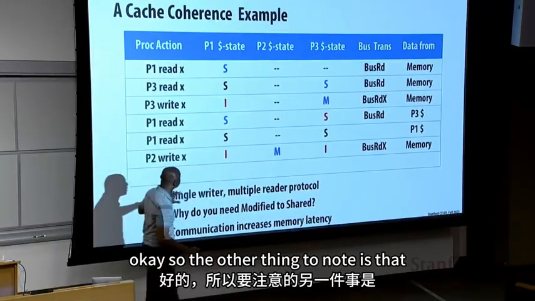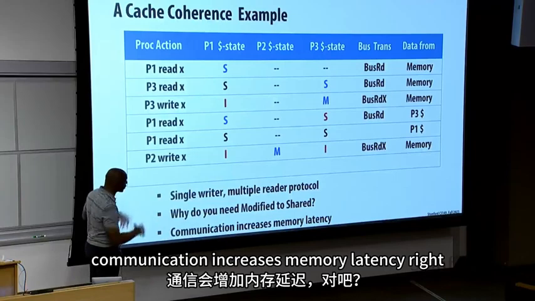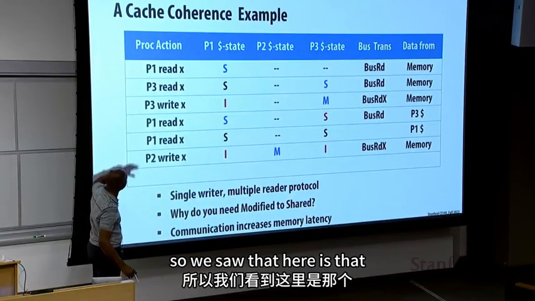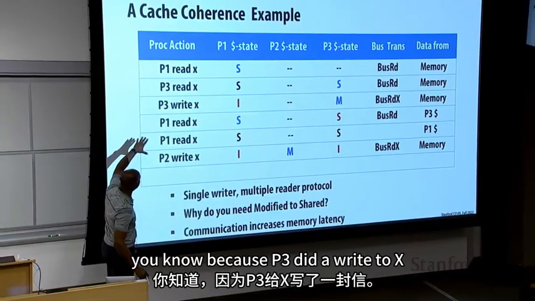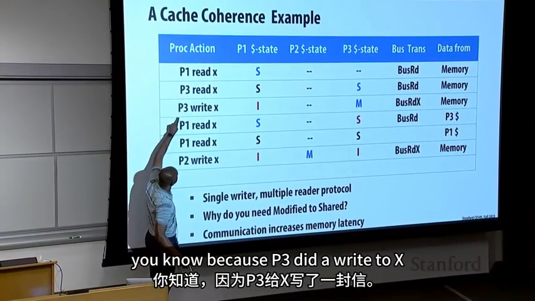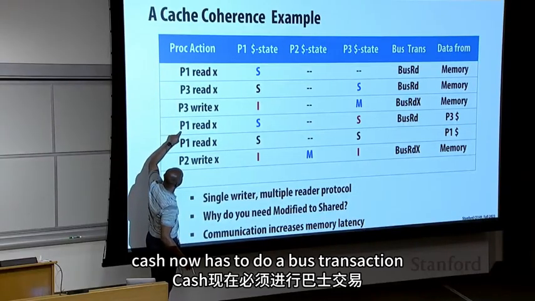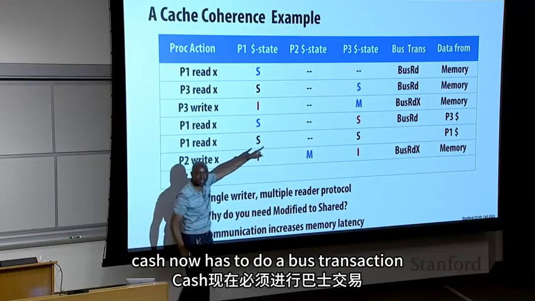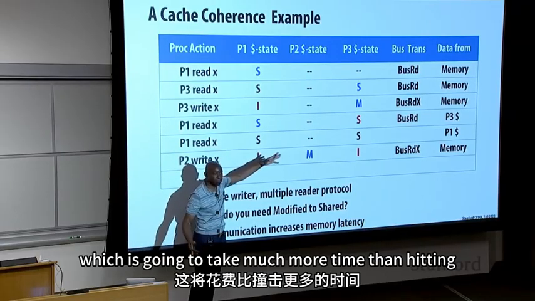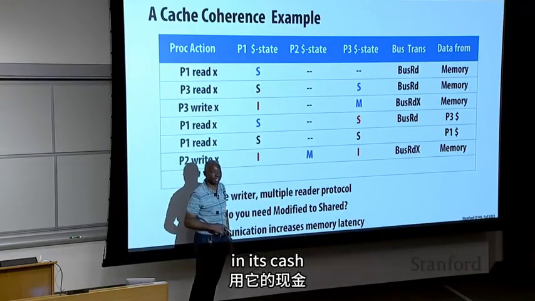Okay. So the other thing to know is that communication increases memory latency, right? We saw here that because P3 did a write to X, P1, which had X in its cache, now has to do a bus transaction, which is going to take much more time than hitting in its cache.